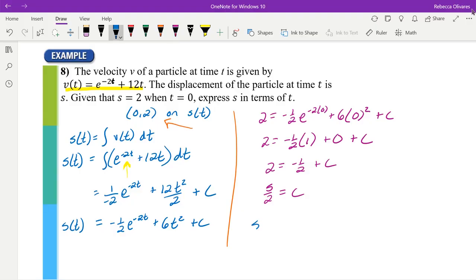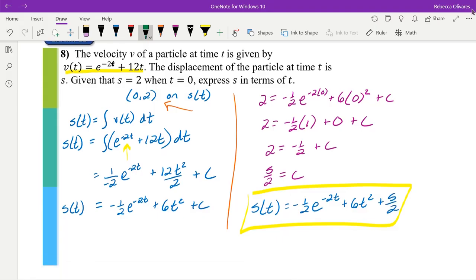So now I know that my full displacement function is negative 1/2 e to the negative 2t plus 6t squared plus 5/2. I want to point out that in this problem, if you didn't do the linear shortcut, you would have to separate these two integrals and do the integral of e to the negative 2t dt plus the integral of 12t dt.